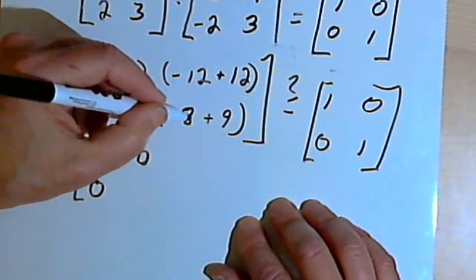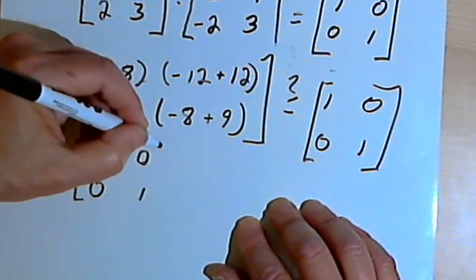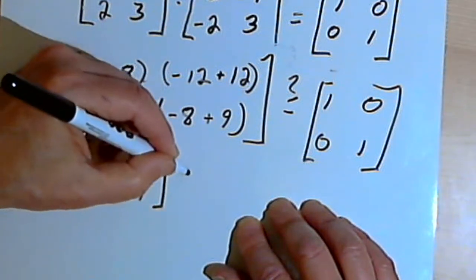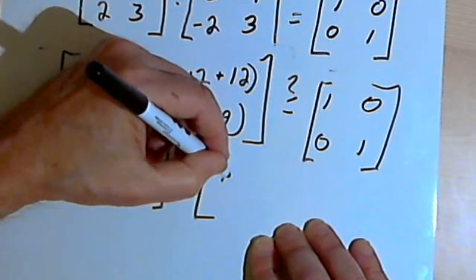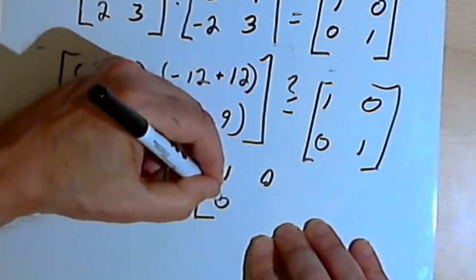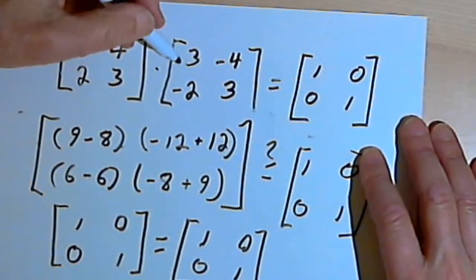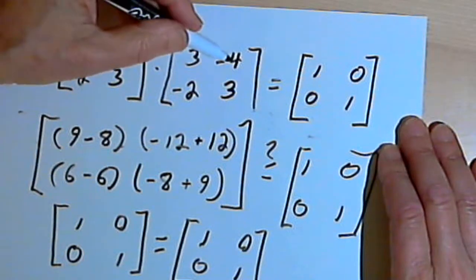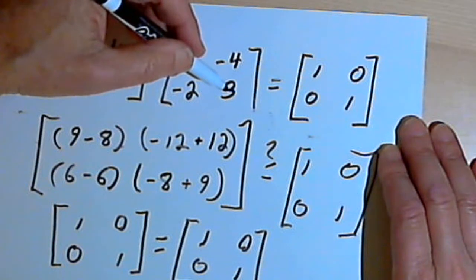And negative 8 plus 9 is 1. And that is, in fact, my identity matrix, 1, 0, 0, 1. So this matrix that I came up with, the inverse 3, -4, -2, 3, seems to work fine.